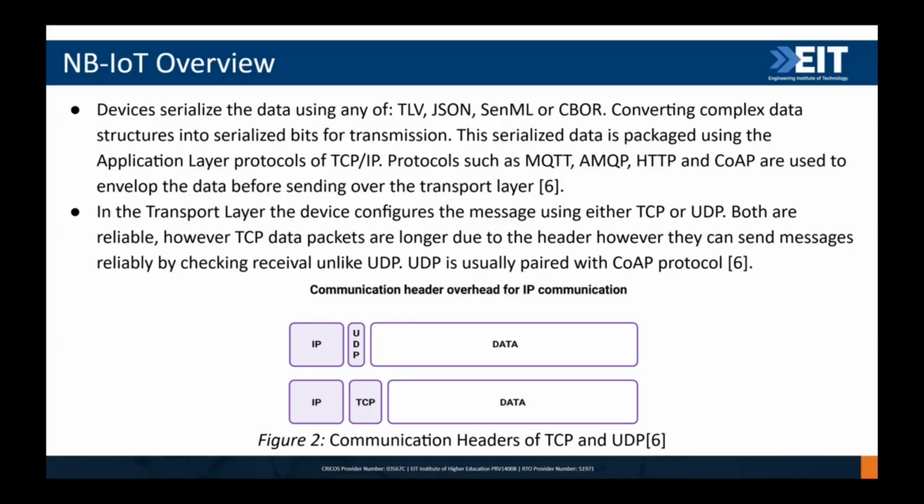These data are sent over the transport layers using either TCP or UDP. Both are reliable, however, the data packets for TCP are normally longer. They do offer more reliability than UDP, and UDP is normally paired with COAP for its serialization.